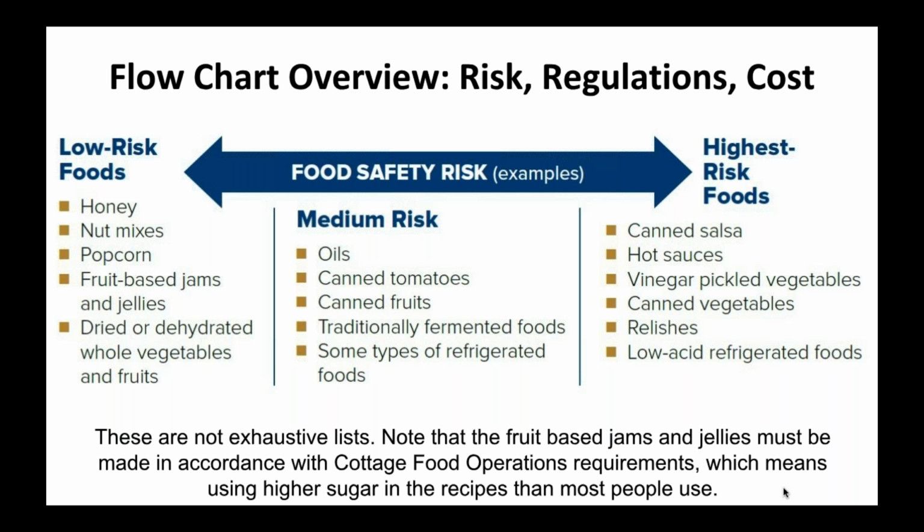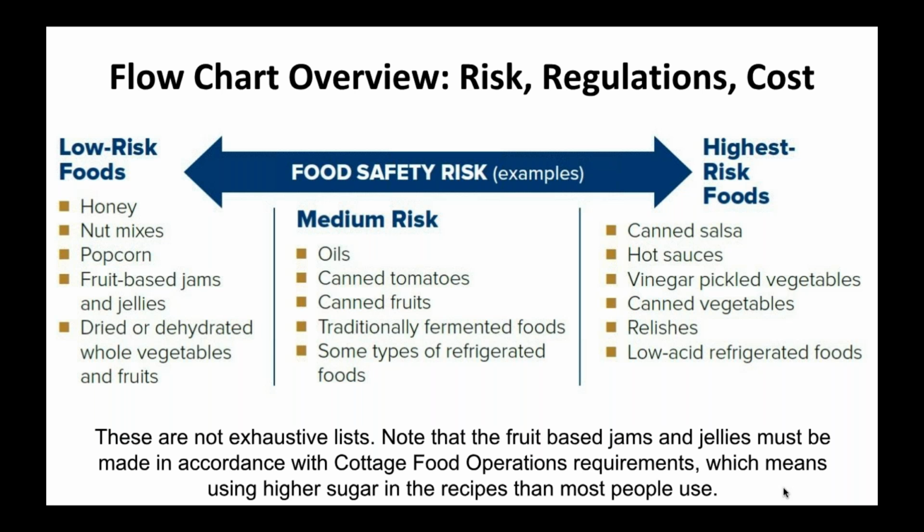Also, any dried or dehydrated whole fruit and vegetable is also considered low risk. Again, we're pulling all the moisture out of those products, so those aren't going to be susceptible to that bacteria growing and producing toxin. You'll see here we've designated specifically whole vegetables and fruits.